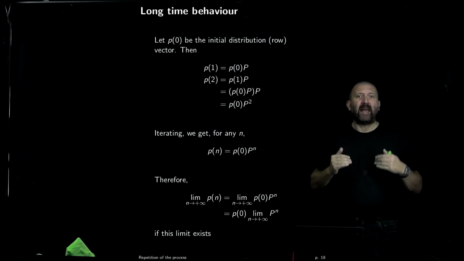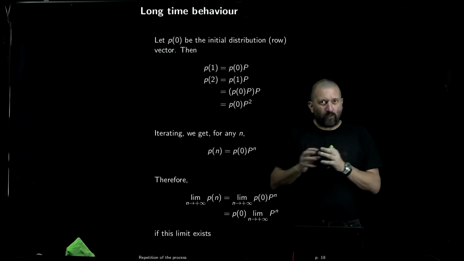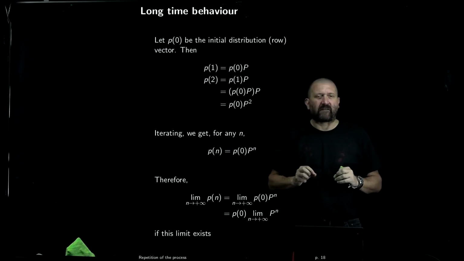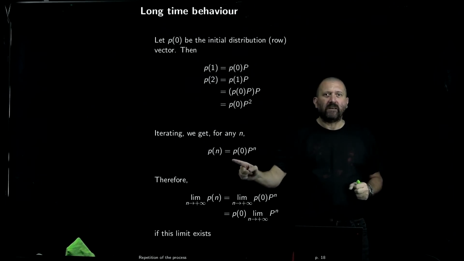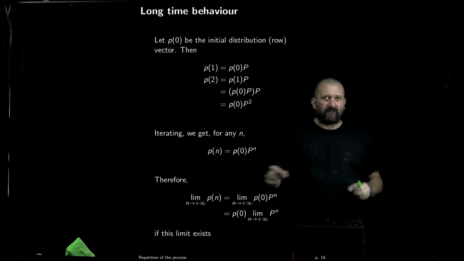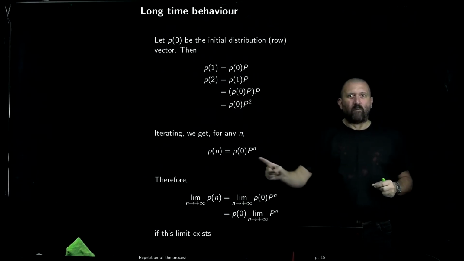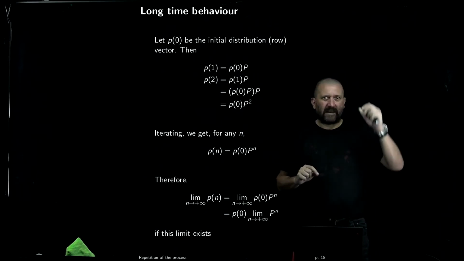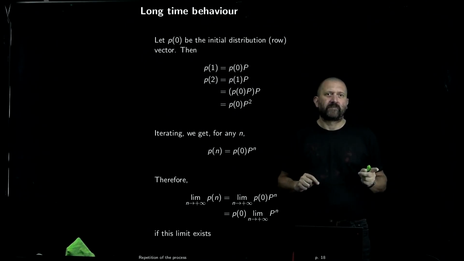For any n, the probability vector of the state of the system at time n is the probability vector that I started with, multiplied by the nth power of the matrix P.